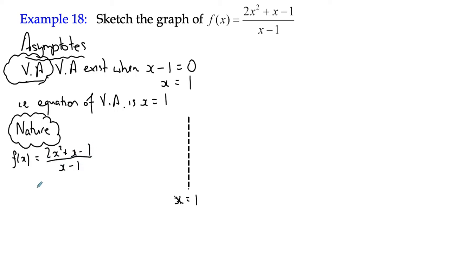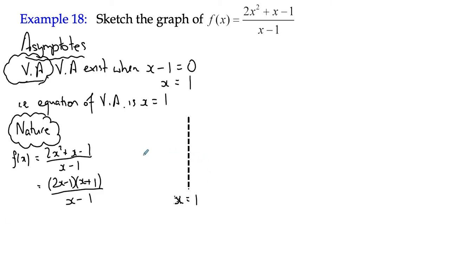We want to factorize that if we can, on the top, it's easier to work out the signs of values. So we can factorize that as 2x and x, and we want factors of -1 at the end. So it's going to be 1 and 1. Which one's going to be negative? In order to give a positive x, that's going to be -1 and +1, or however you like to factorize things.